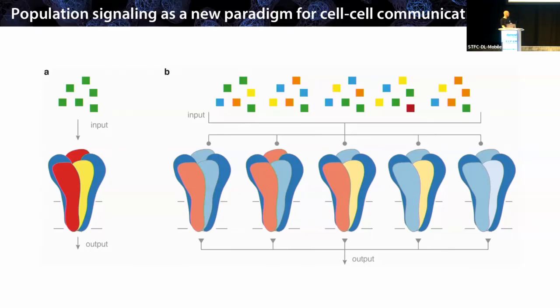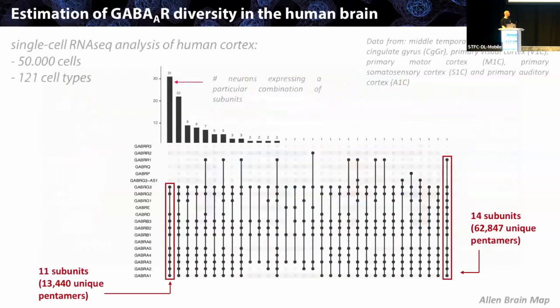And I'd just like to finish this presentation by showing that the situation in the brain might actually be even more complicated, because all the structures we solved come from cell lines which express up to 3 different subunits. And this here is an analysis of single-cell RNA-seq data from the human cortex that's available from the Allen Brain Institute.